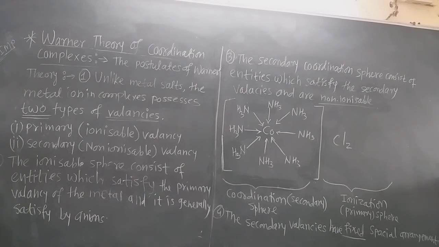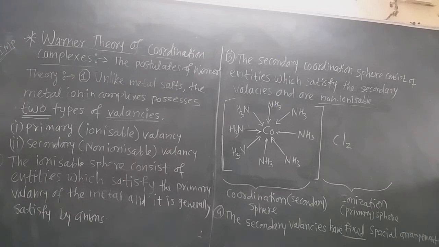Here all are neutral ligands in this complex, that is ammonia. And the number of secondary valency is equal to the coordination number also. Now the cobalt has 6 as the coordination number. So there are 6 ligands present in the non-ionizable sphere. That is the coordination number also.